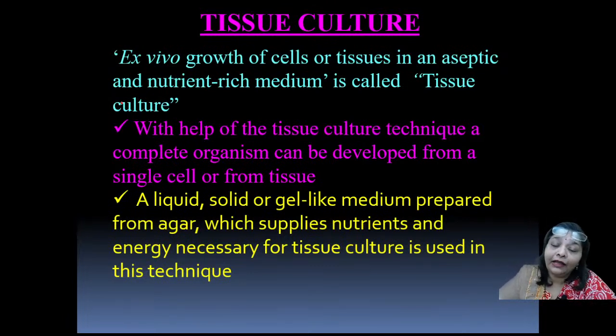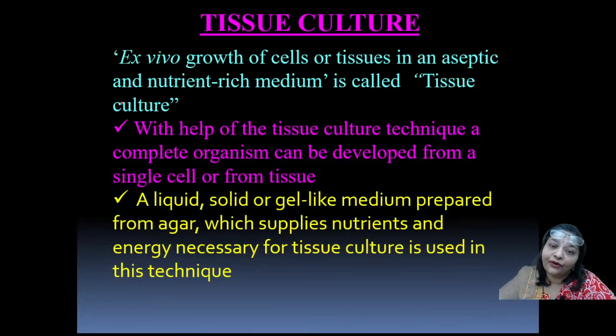Now a liquid, solid or gel-like nutrient medium can be prepared from agar. Agar is a substance that is extracted from algae, mainly the red algae, right? And this agar is a gelatinous, gel-like substance.